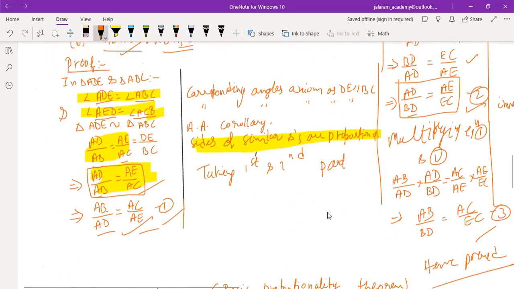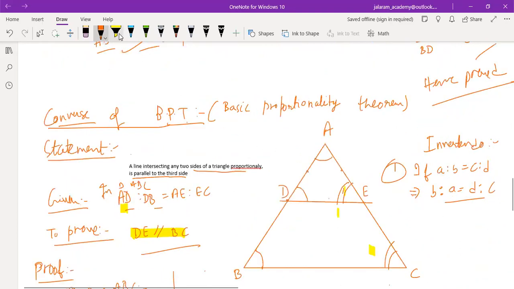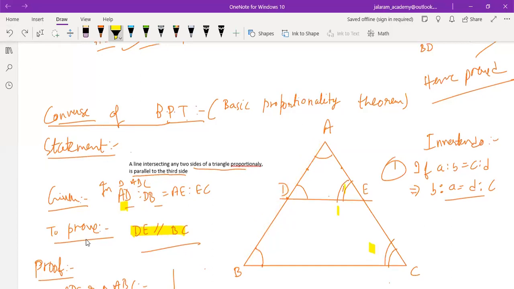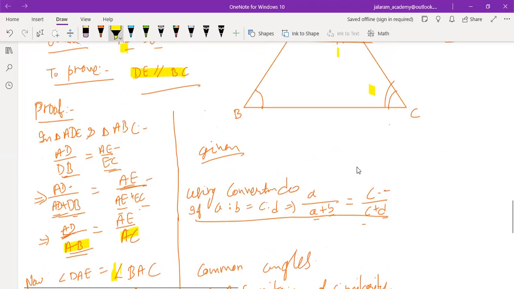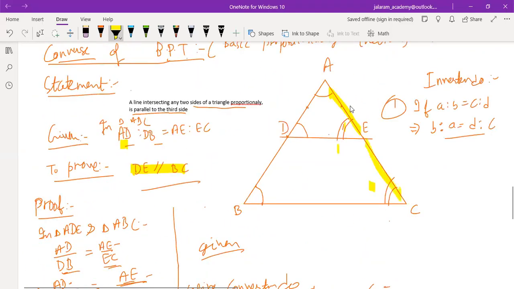Now from the figure, AD plus DB is equal to AB. So we replace AD plus DB by AB. And similarly on the right-hand side, AE plus EC is replaced by AC.